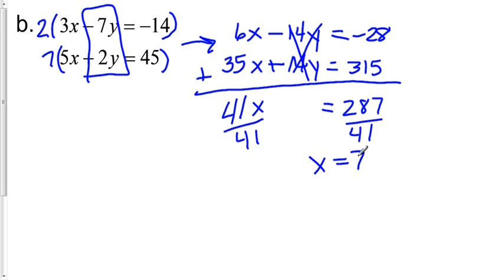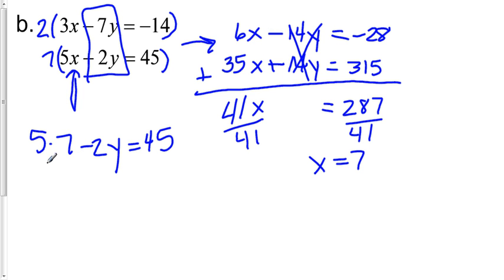All right, now let's find the y value. It doesn't matter which equation you work with, so I'm going to work with the bottom equation. Because x is 7, I can plug it in for x. So 5 times 7 minus 2 times y equals 45. Just following the bottom equation. 5 times 7 is 35, so 35 minus 2y equals 45.